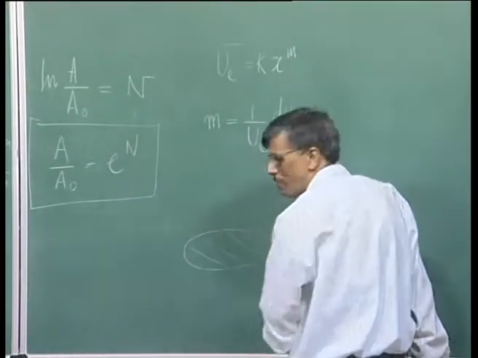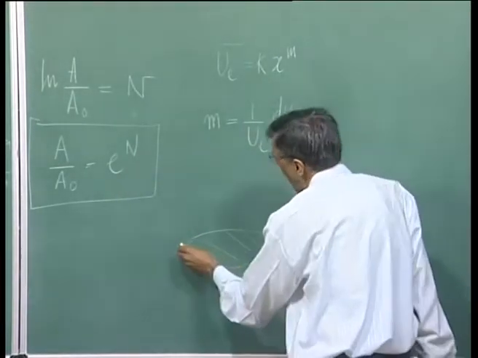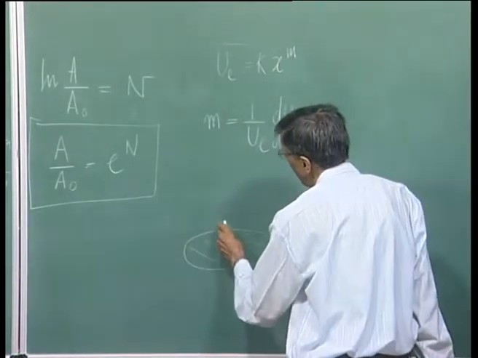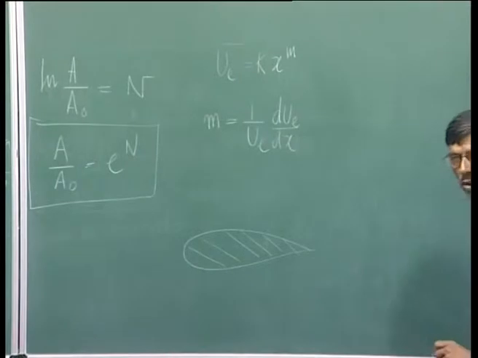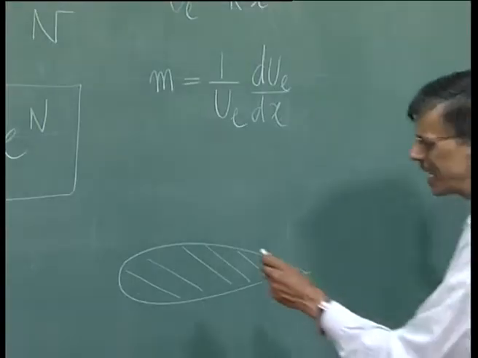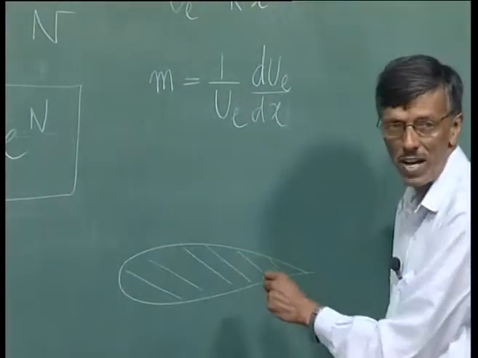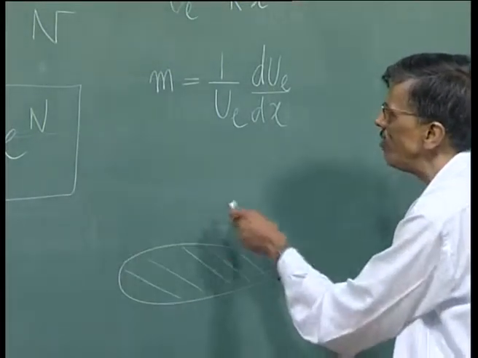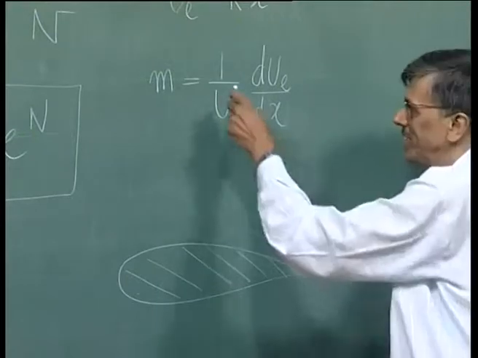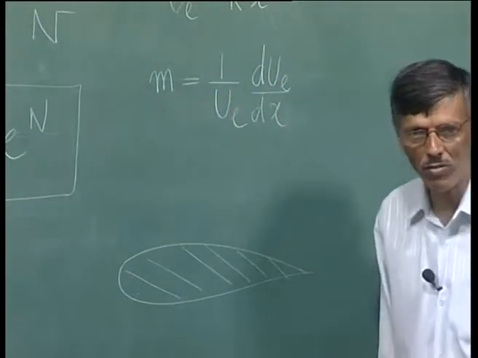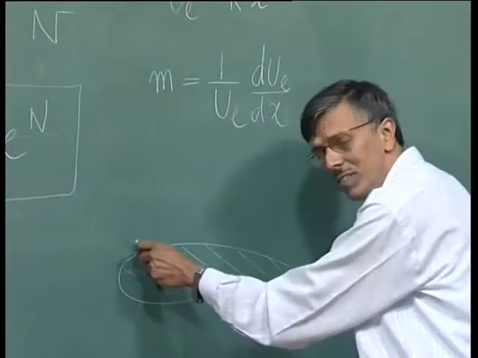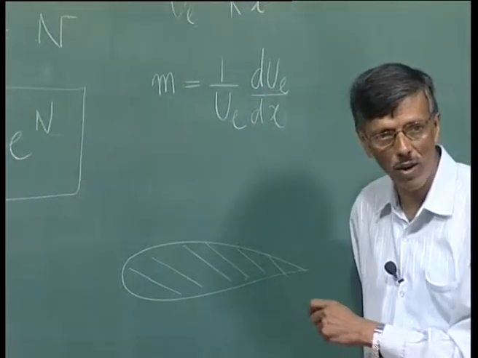Now, what is happening? As we go along, we are going to get a different kind of boundary layer. So, I can get u_e as a function of x just outside the shear layer. From that u_e versus x, I can convert to the values of m. So, please do understand that m itself is going to vary along.